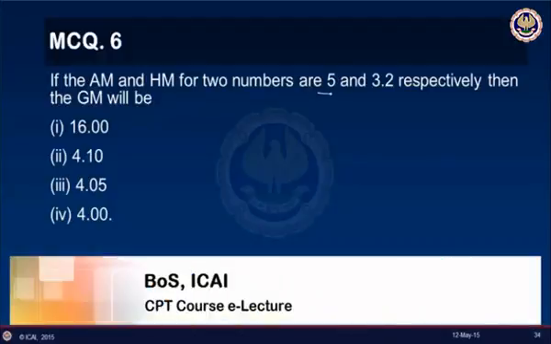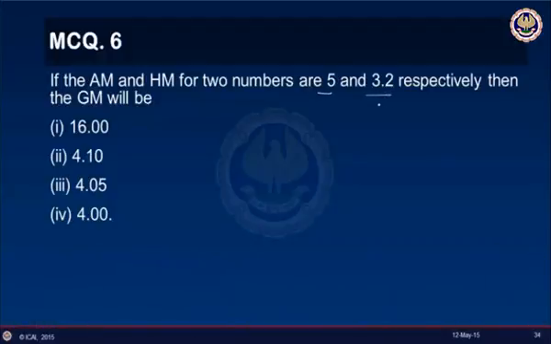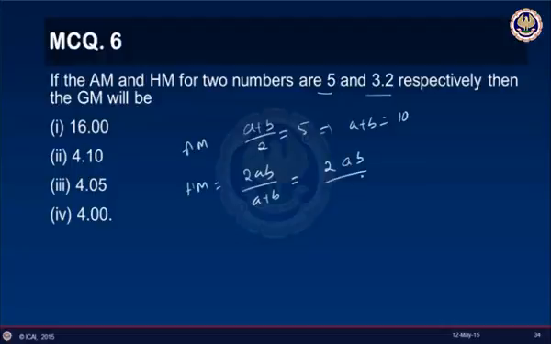Here AM is 5 and HM is 3.2, and we have to find GM. For two numbers, A plus B by 2 is the AM, so A plus B equals 10. Next, HM equals 2AB by A plus B, with A plus B value 10 and HM given as 3.2. So AB equals 3.2 into 5, which is 16.